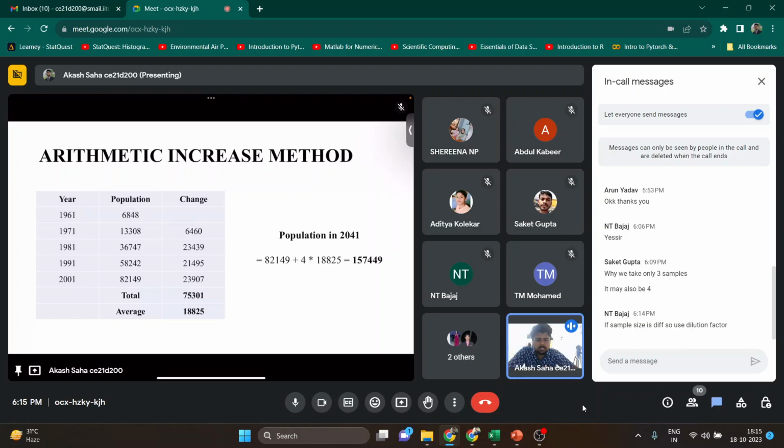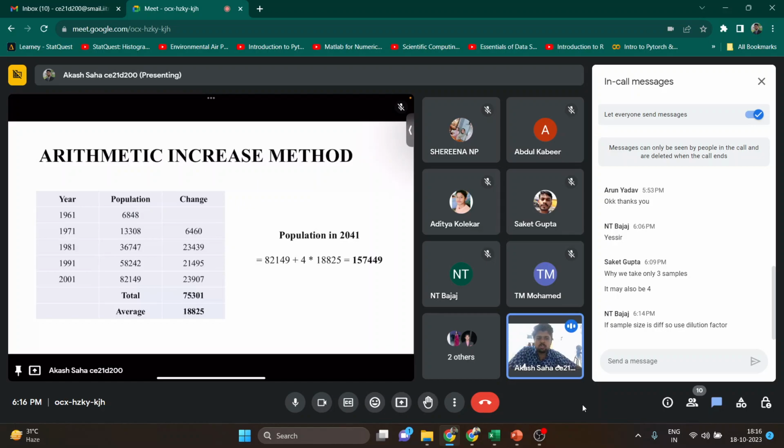The last population is of 2001, which was 82,149. We have to find out for 2041, that is after 40 years or 4 decades. So 4 times the average value will get added: 82,149 plus 4 times the average value will give the population in 2041.